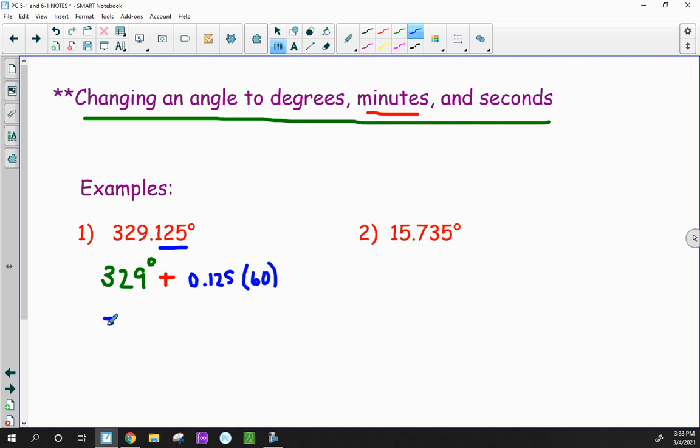The next step, you'll drop your 329 degrees down, and then plus, and find the product of those 2 values, and you get 7.5. Usually there is a decimal here, but the whole number part is actually the minutes.